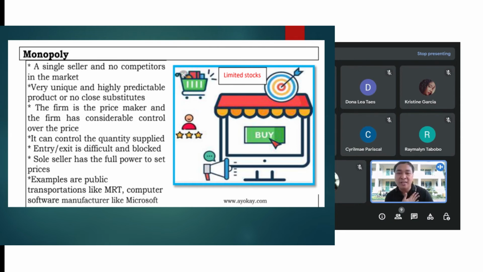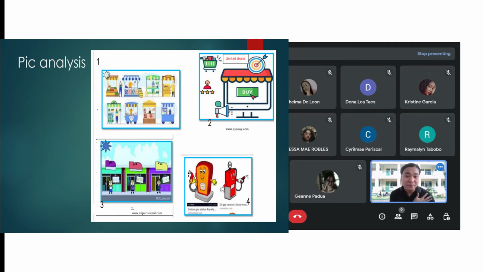How about picture number three? Anyone? Yes, number three, picture number three. Who can guess? Yes. Come on. Monopolistic. Yes.